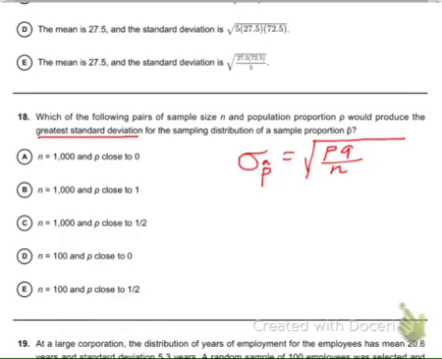If you have a smaller number here, so as this goes down, that will make this go up. So a low sample size, or a small sample size. Wait, let me get rid of these blue marks, and then I'll write small. So a small sample size will be one of our creators of large sigmas.